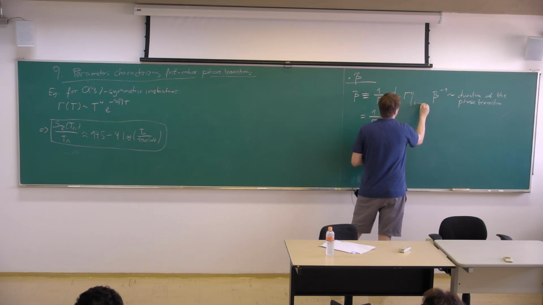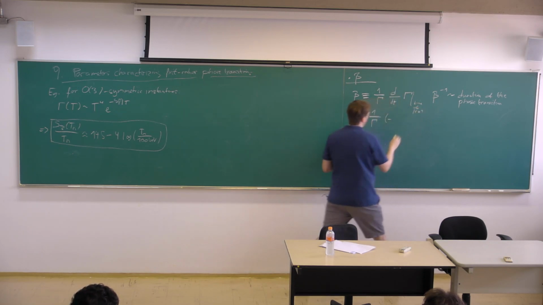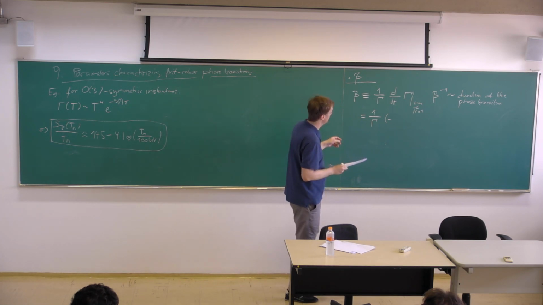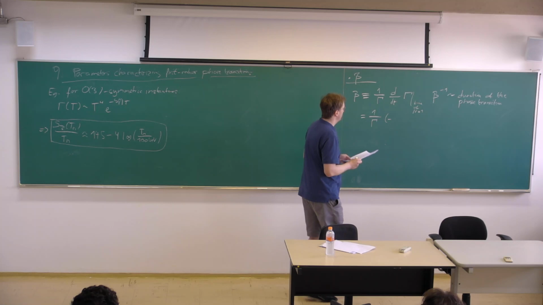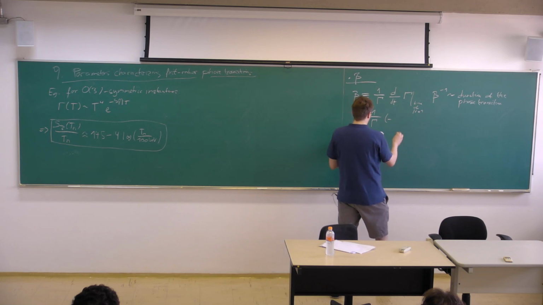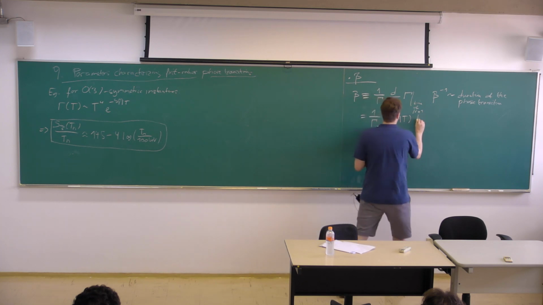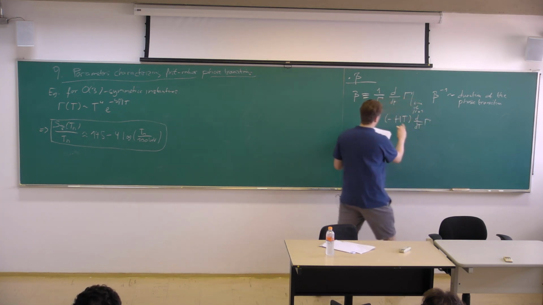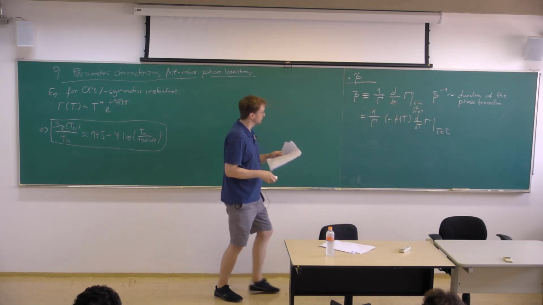The time of nucleation is the time when I have on average one bubble per Hubble volume, and then I evaluate this, and this gives me an estimate of how long the phase transition will take after it started. I can change the dependent variable to temperature by using this, and now it's clearer that it's evaluated at the nucleation temperature.